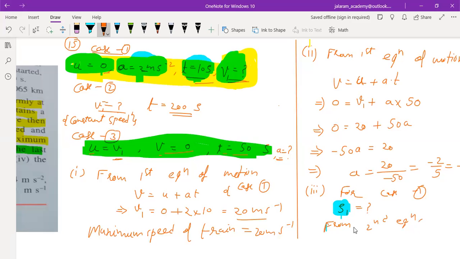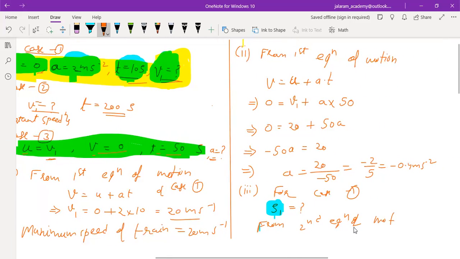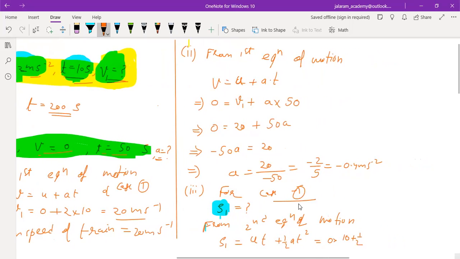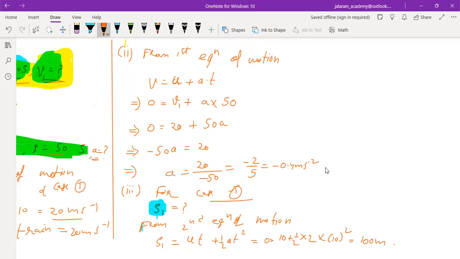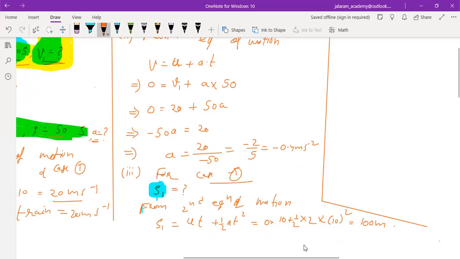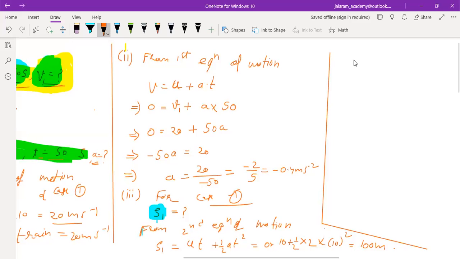S1 is the distance traveled in case 1, ut plus half at square, u is 0, time is 10 seconds plus half, acceleration is given 2 into time 10 square. 2 cancel out, 0 plus 100, it is 100 meter. So displacement in case 1 is 100 meter.